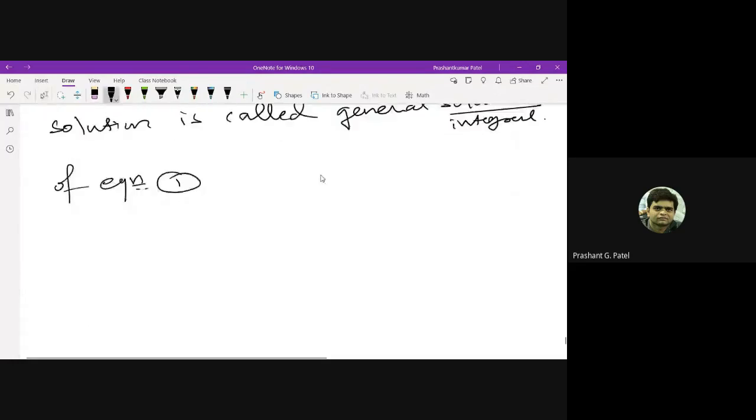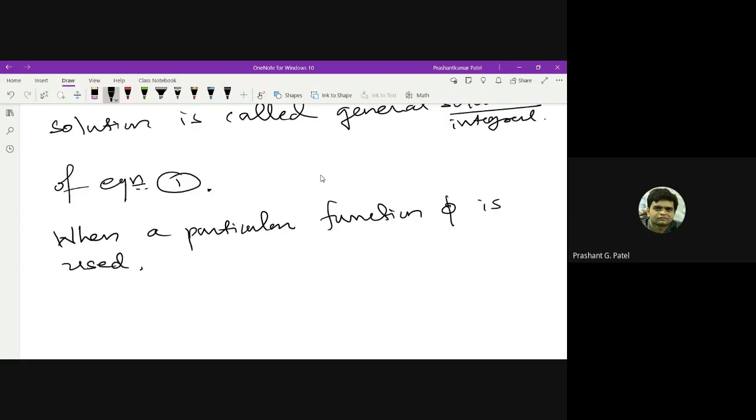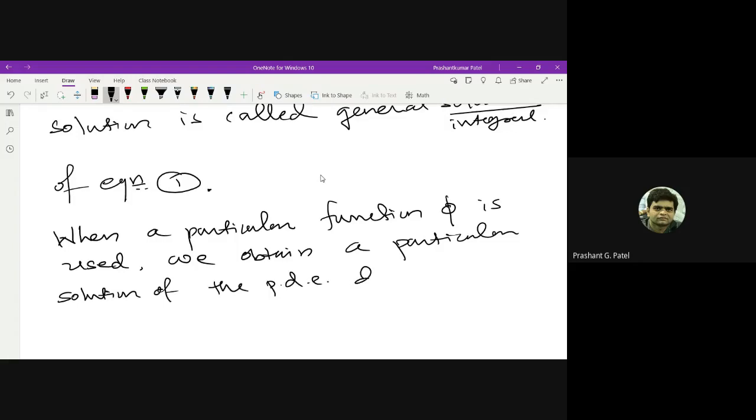So that also we can write here: when a particular function phi is used, we obtain a particular solution of the PDE.